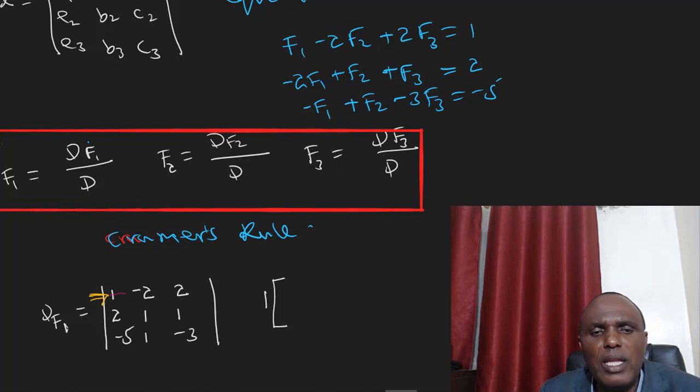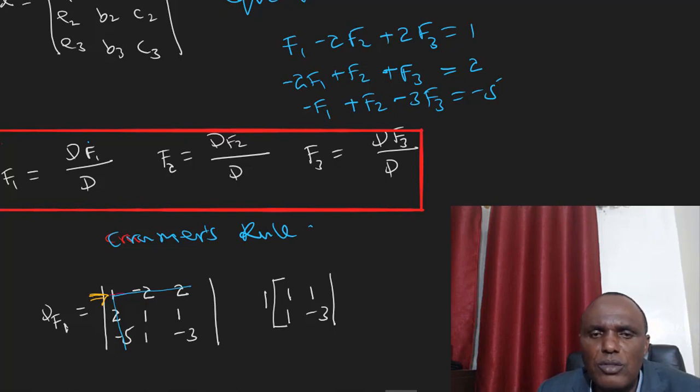So we start with the element 1, and for the cofactor of element 1, in row number 1 and this column here, you remove those elements. The elements that you are left with, that is 1, 1, 1, negative 3, you get the determinant of those elements. You multiply by 1.